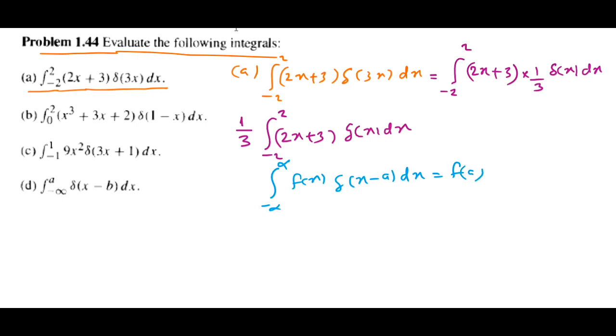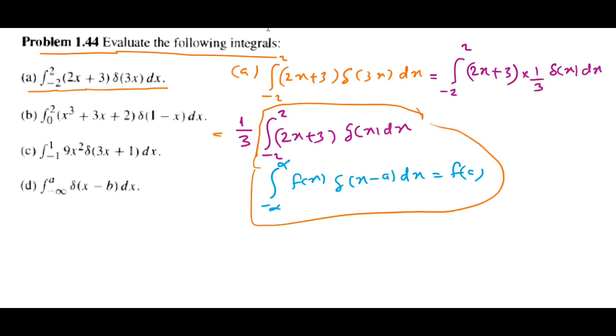If I compare, f of x is nothing but 2x plus 3, and for x minus a, I don't have a here, but I can slightly modify this equation like this: x minus 0 dx. Therefore a is nothing but 0.